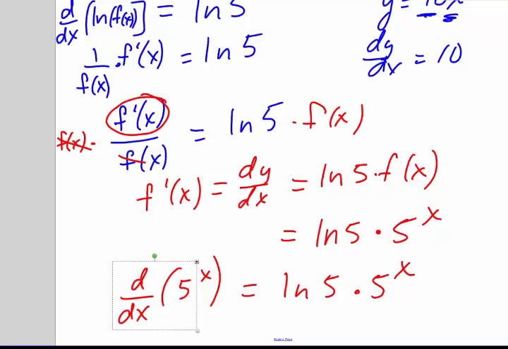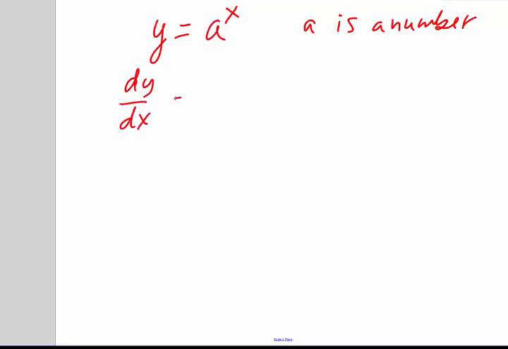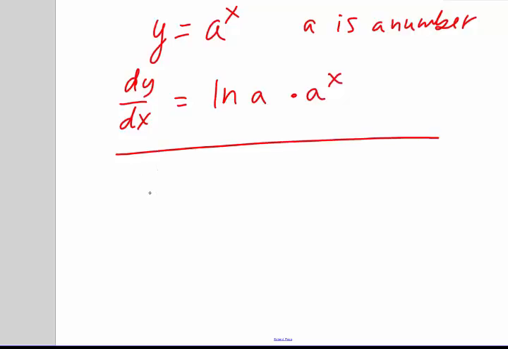So we could take that one more step and say, let's say we have y equals a to the x, where a is a number. Not a variable, it's a number. 10 to the x, 20 to the x, half to the x. I know that dy dx, we just proved, is going to be the natural log of a, remember a is a number, times the function that we started with, times a to the x. All right, well, let's say we had y equals a to the f of x instead, right?